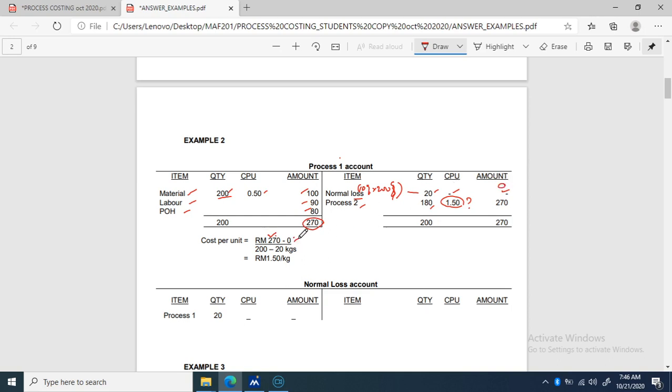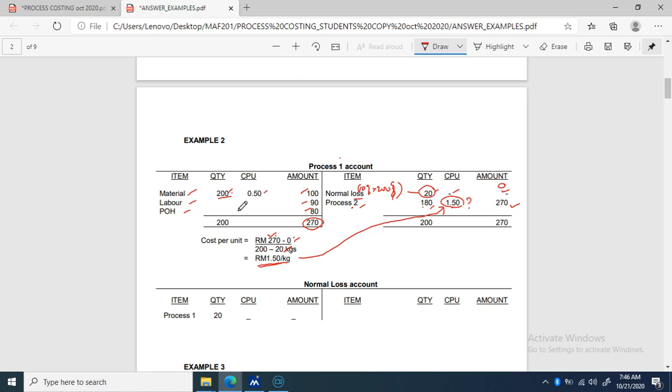So 0, divided by input 200 minus normal loss 20. You will get the CPU of 1 ringgit and 50 cents. This 1 ringgit 50 cents you put in the CPU of output, that means the amount transferred to process 2. So 180 times 1.50, you get 270 ringgit.